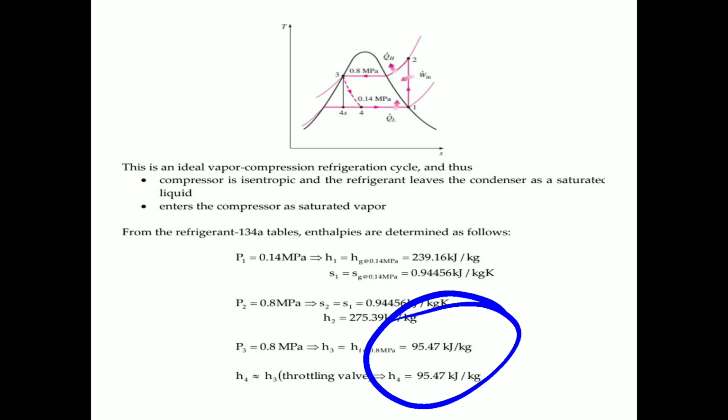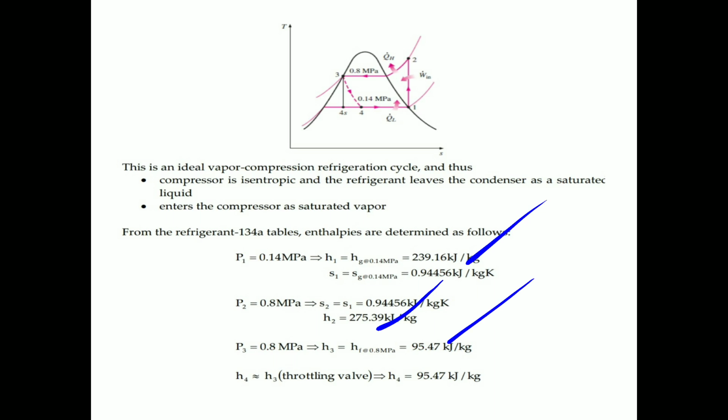So H3 is equal to H4 equal to 95.47 kilojoule per kg. So we have the values of enthalpy at all the points, that is H1, H2, H3, and H3 is equal to H4.